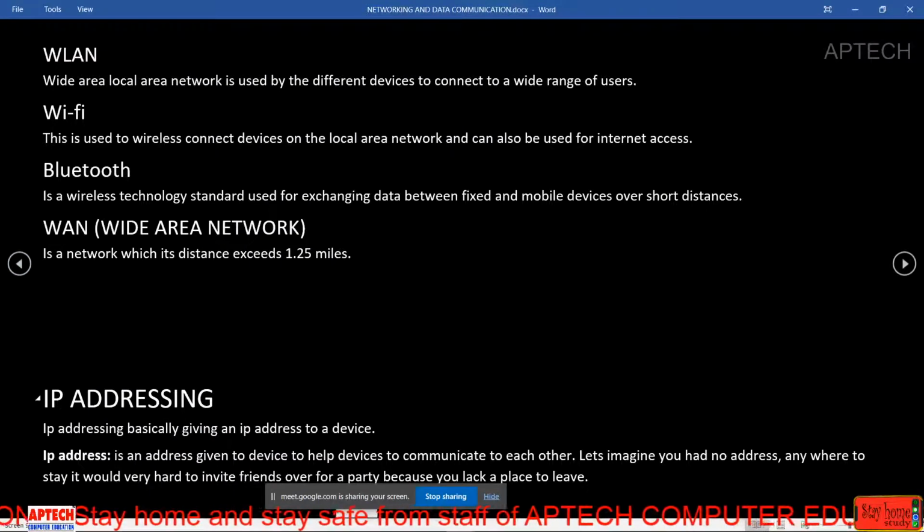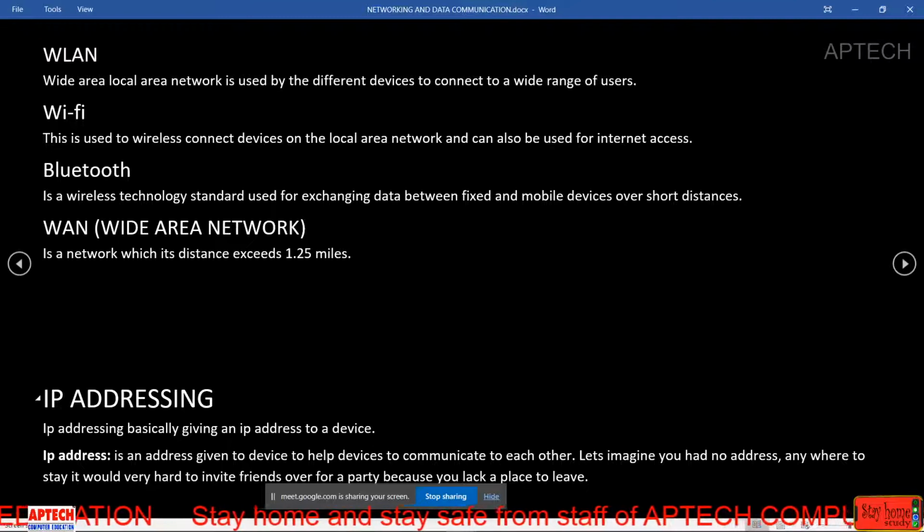IP addressing. I remember I spent like 3-4 weeks on this topic, or even more, a full month. But basically, if you look at IP addresses, it's a way of connecting, to put it into perspective.